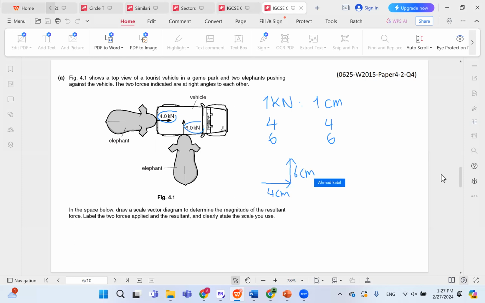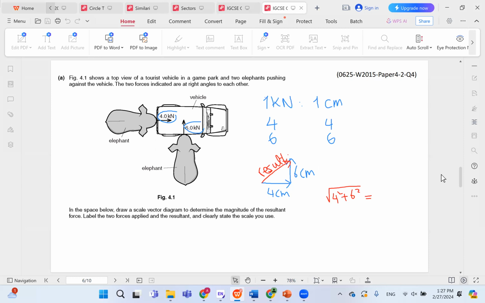And you want to label the two forces and the resultant. So let's draw the resultant again. It starts from the tail and goes to the head like this. This would be the resultant. And you can calculate it mathematically as root of 4 squared plus 6 squared, just to verify your measured value.